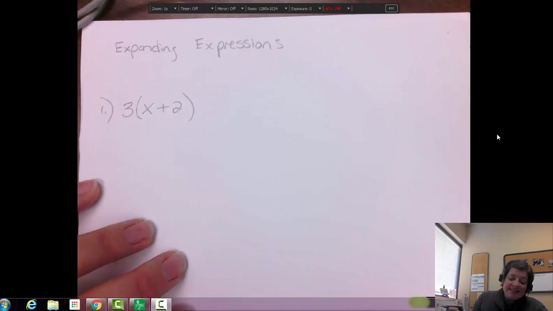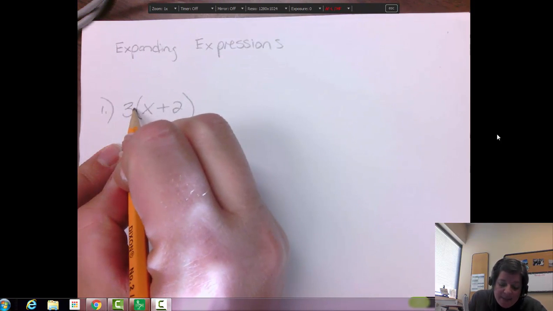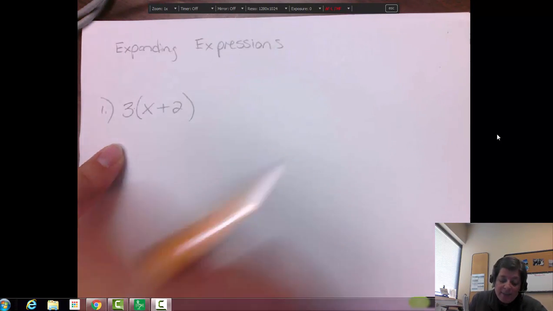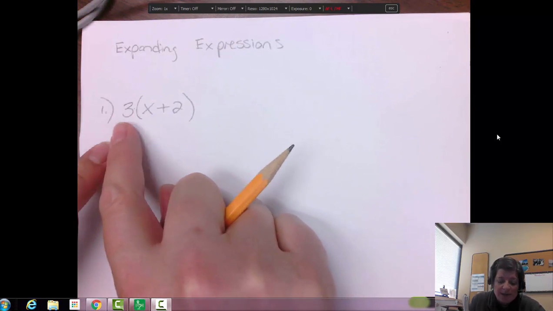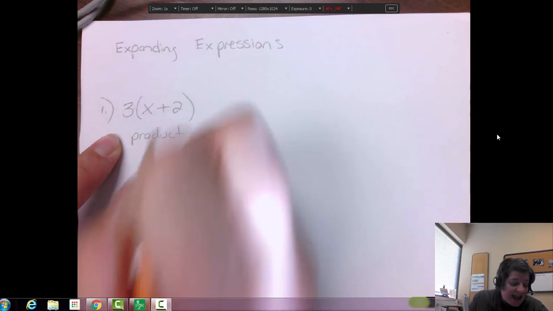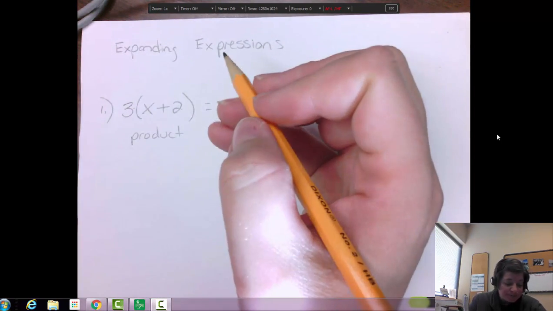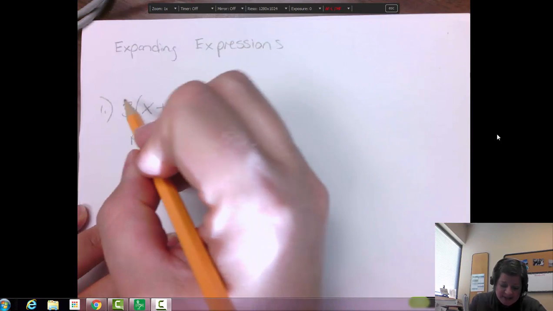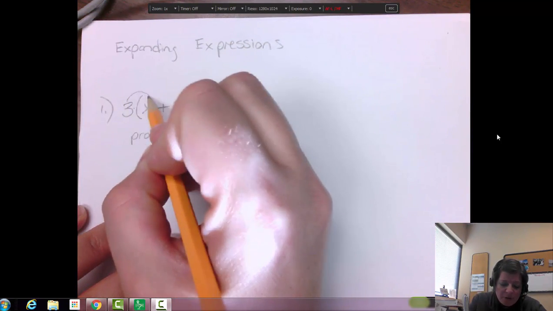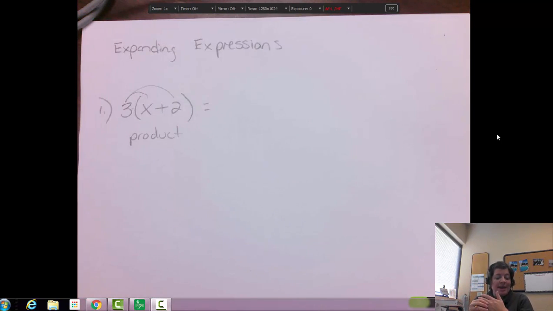What they mean is this is the product of something, because it's 3 times this x plus 2. So 3 times this is the product, and I can actually multiply this 3 by both the x and the 2, or both terms, and make it a sum of 2 terms.